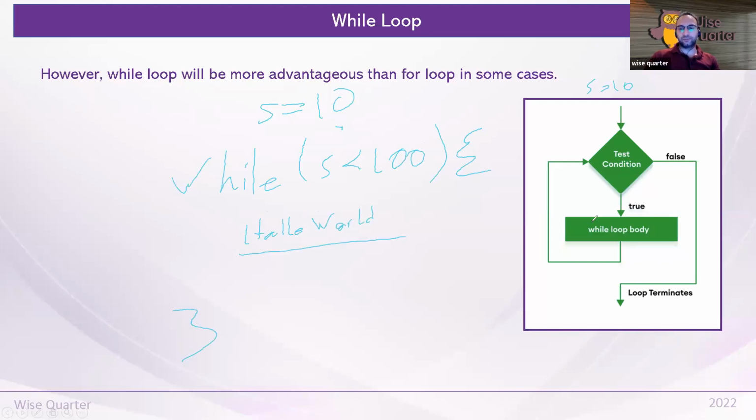Then let's increase the value of s by 1 with s++. It was 10, now it became 11. And again, it will check the condition, print it, and increase the value. This loop will be executed approximately 89 times, I'm not sure. When this condition becomes false, the loop will be terminated.